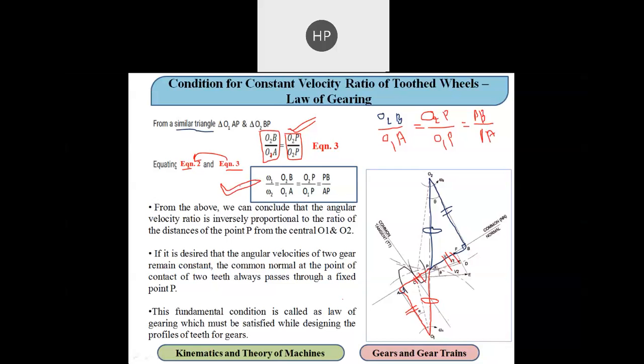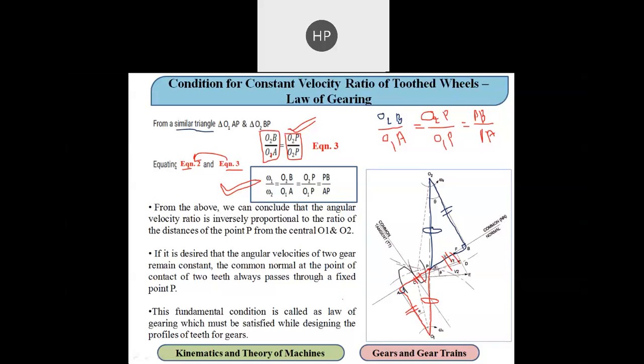Okay, and from this derivation we can say that the angular velocity ratio, omega 1 by omega 2, is inversely proportional to the ratio of distance of point P. What is P?